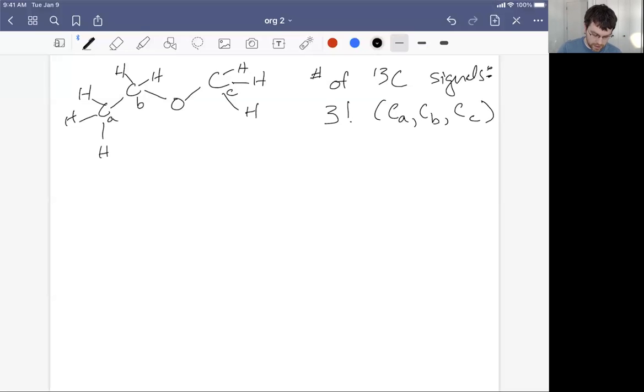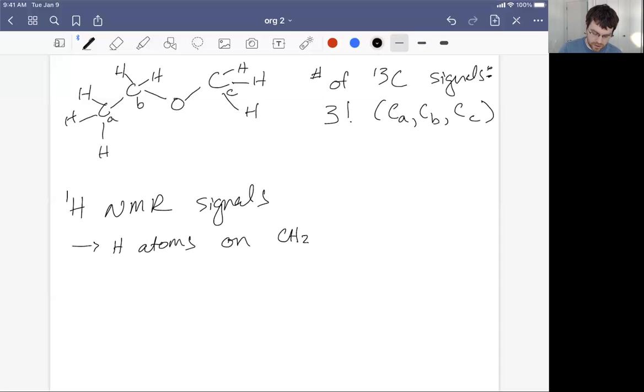Now what about 1H? Well, it turns out for the most part that H atoms on CH3s are the same. So what we have here is A. I'm going to label all of these as HA.